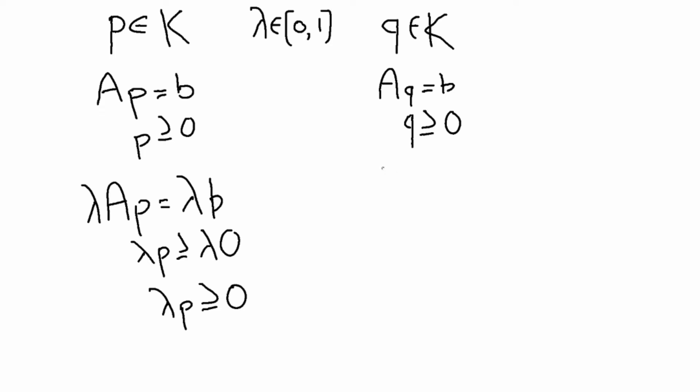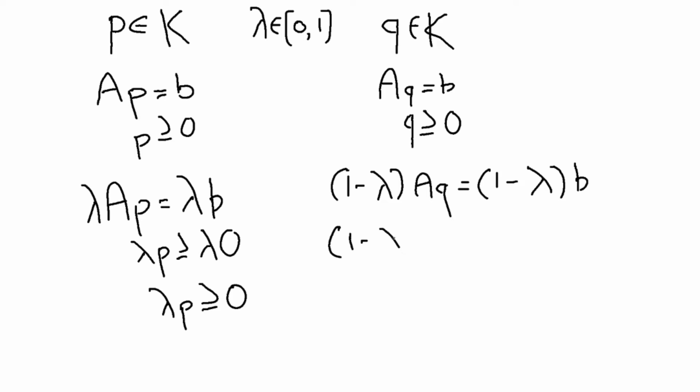Now over here, let us multiply by 1 minus lambda on both sides. So you get 1 minus lambda times AQ equals 1 minus lambda times b, and then 1 minus lambda Q on the left side is greater than or equal to 1 minus lambda times 0 on the right side.